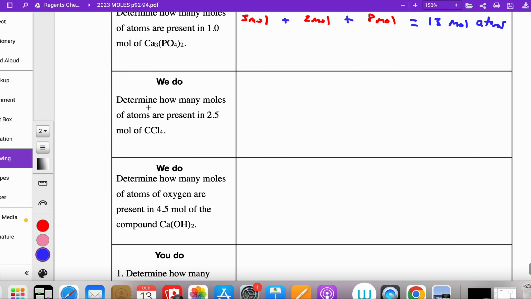Here's our first example. Determine how many moles of atoms are present in 2.5 moles of CCl4, carbon tetrachloride. Well, if you have 1 mole of carbon tetrachloride, then that means that you would have 1 mole of carbon, 4 moles of chlorine, so a total of 5 moles of the atoms or the elements present.